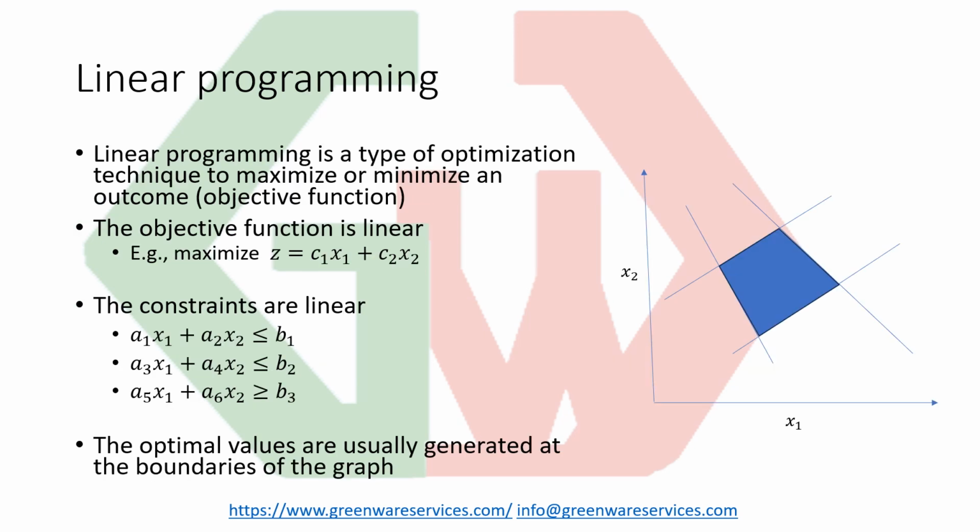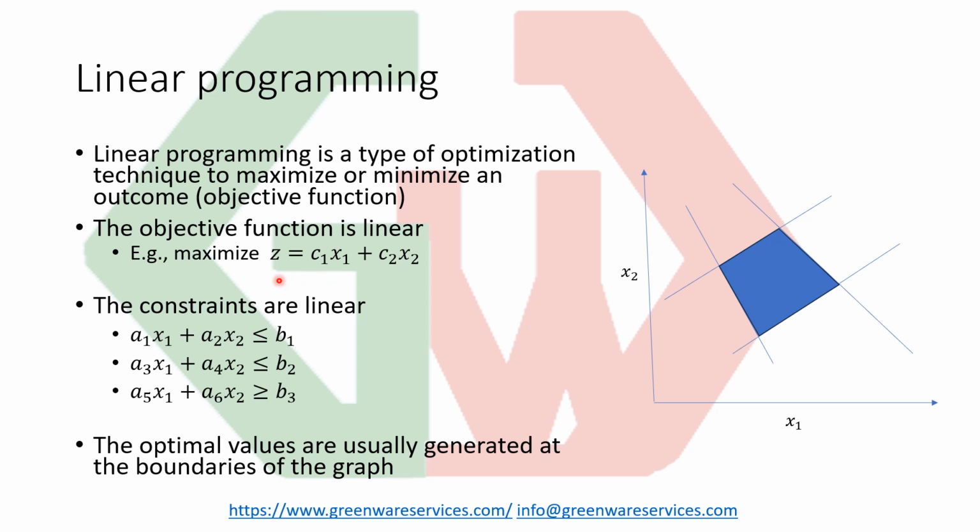Some people may have heard about linear programming. Linear programming is a type of optimization technique. It usually has linear objective functions, such as here, z equal to c1 x1 plus c2 x2. x1 and x2 are the two decision variables. c1 and c2 are their weights.